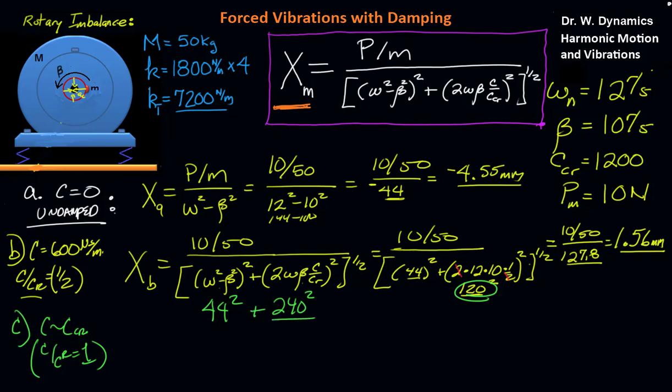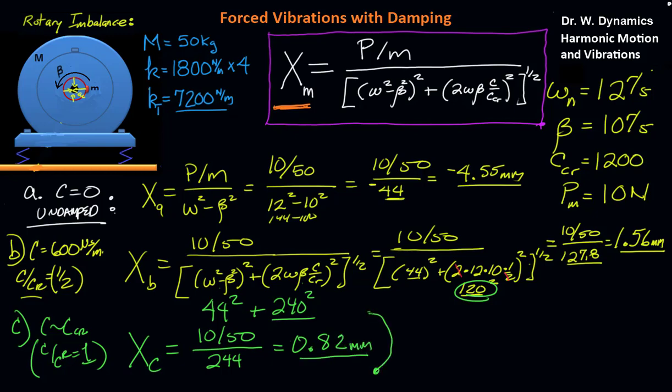So if we had an extremely powerful damper in the system, we'd end up with an XC of 10 over 50 divided by 244 now, 0.82 millimeters. So that would be extreme damping, just to see what that number would end up looking like.